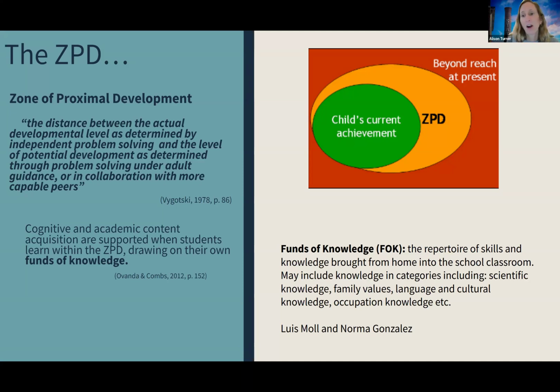Well, it's similar with our students. If you think about children's current achievement, the zone of proximal development is like where you might stretch them to. It's that I+1. It's that little bit of stretch that we want to put on students. But if we put too much pressure on them, if we overwhelm them with a task that's way beyond their level of proficiency, we're going to snap that rubber band.